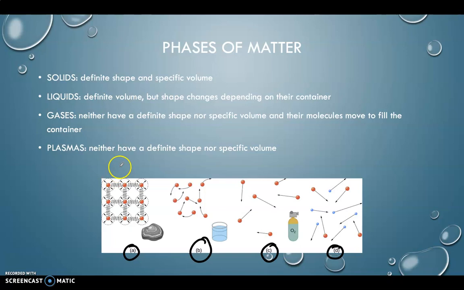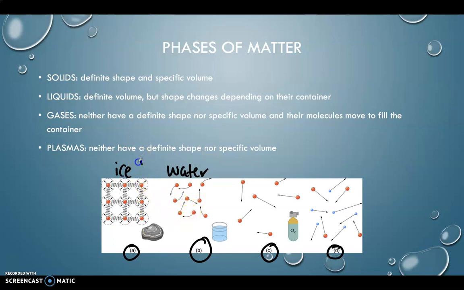Think of this as ice versus water. When you freeze water, you get ice, and that ice is just stationary. It's not going anywhere. It's a complete solid.